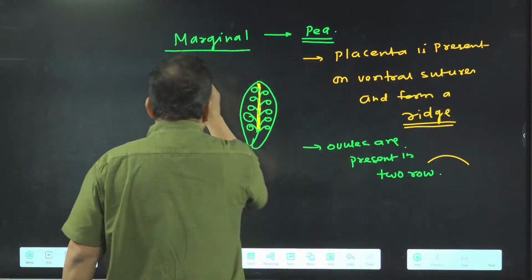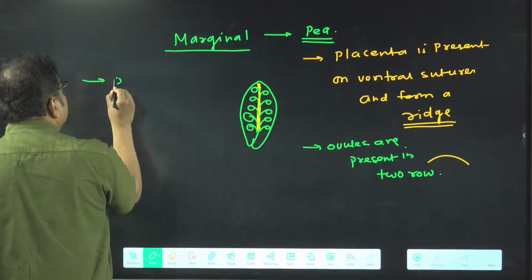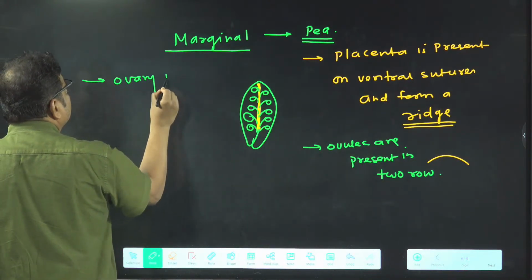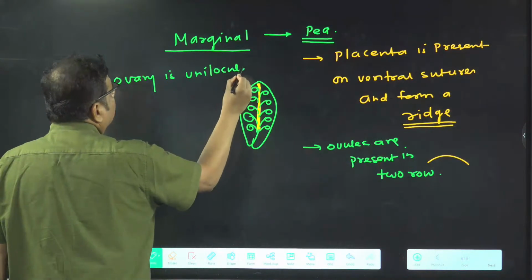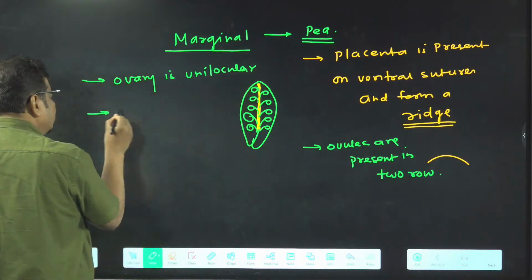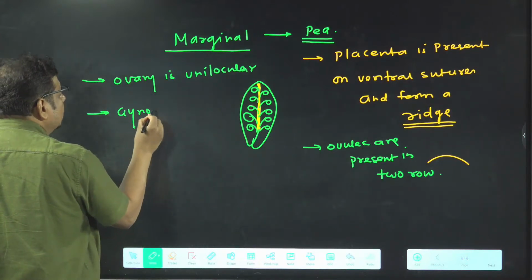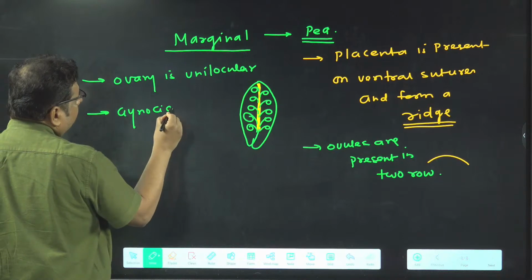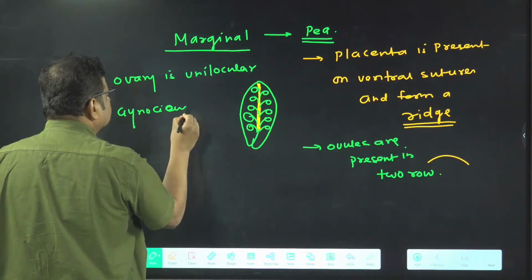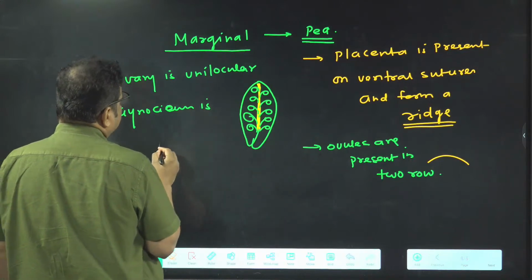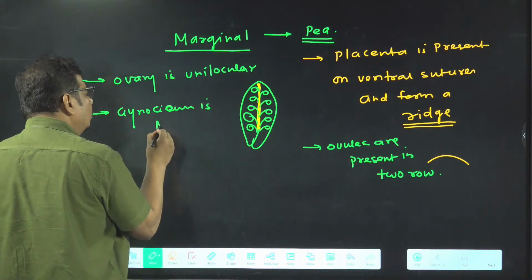And ovary is what? In marginal placentation, ovary is unilocular. Gynoecium is of which kind? Gynoecium is monocarpellary.